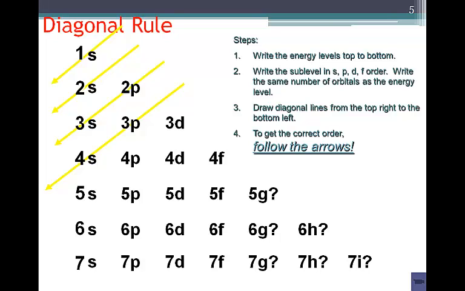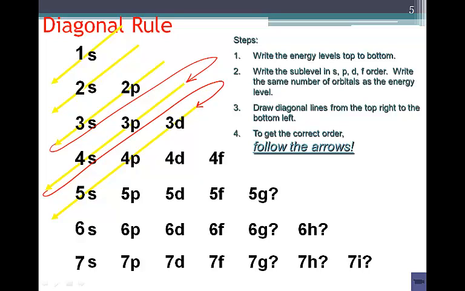So notice, following our order, after 3s, we come back to the top and fill 3p and 4s before coming back and filling 3d. So following the diagonal rule is going to help you keep track of those overlaps.